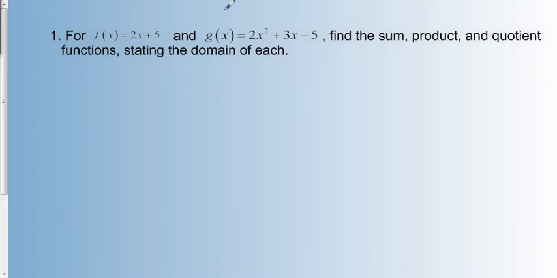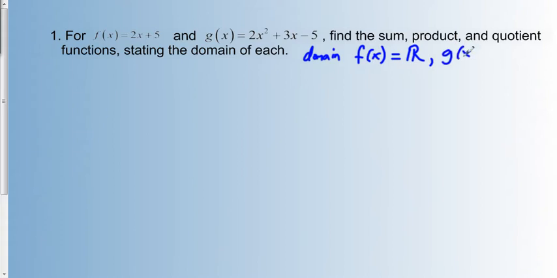Now these are both polynomials. Polynomial functions do not involve fractions or square roots. So we don't need to worry about a negative under a radical at any point here. We don't need to worry about a 0 in a denominator. So the domain of the f function is all real numbers.